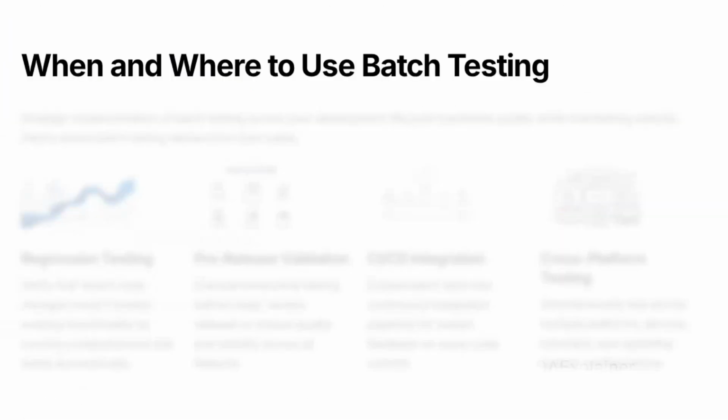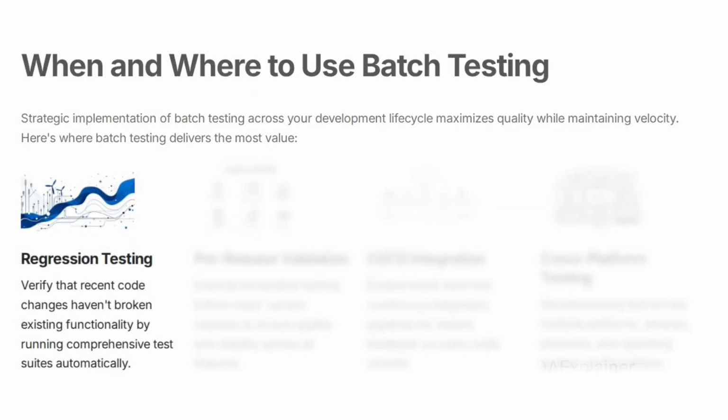When and where to use batch testing? First thing is regression time. We can use batch testing while we are doing regression, where we are checking existing functionality. All the time we don't need extra test cases; we just check the regression flows of our application. At that time, if we run batch testing, it is a very good thing.